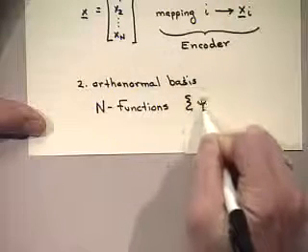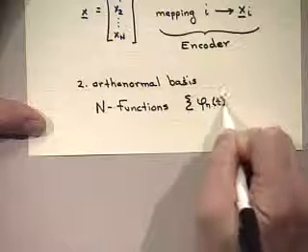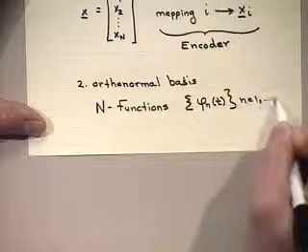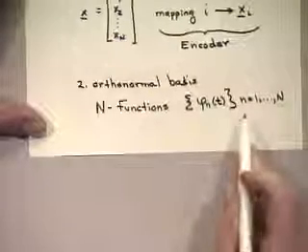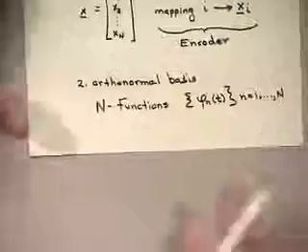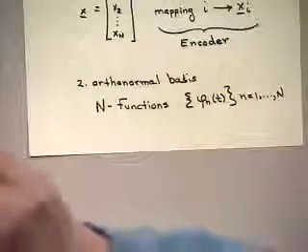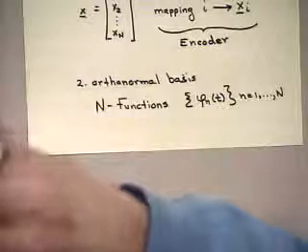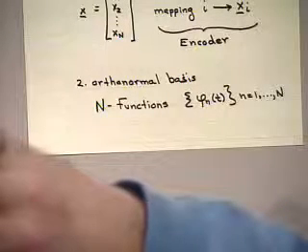I could write it this way with brackets, phi n of t, n equal 1 to capital N. And you'll notice I start the message index I going from 0 to capital M. For the modulating basis functions, I'm going to actually start the index n at 1 and go up to capital N. But there are capital N functions.